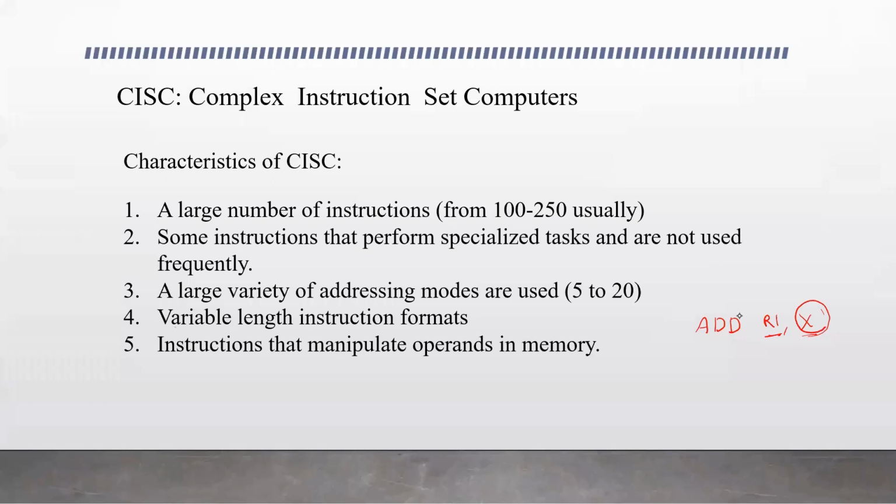Suppose a high-level language statement to perform some operation is given, and that statement can be translated directly into a single statement in machine language, the compilation would be easy, correct? Directly, a high-level language statement can be converted. So the CISC architecture aims to make the compilation simple.